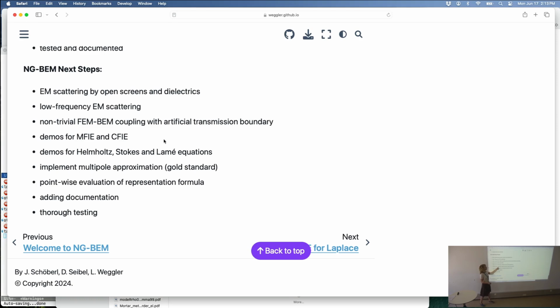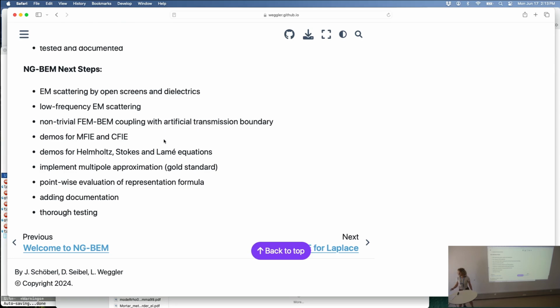Maybe an alternative to ACA approximation is multipole approximation. If you would talk with people who do BEM in a commercial software, it's the gold standard, so it would be nice to have also this. We want to have maybe, I need to talk to Joachim about this pointwise evaluation of the representation formula.